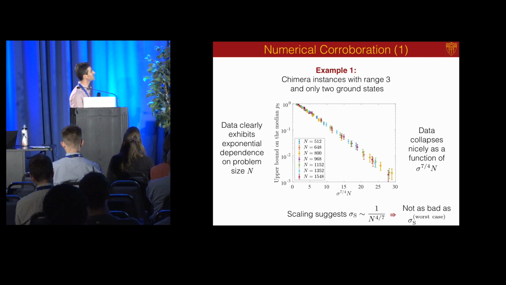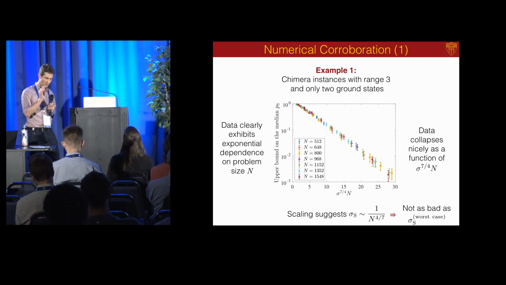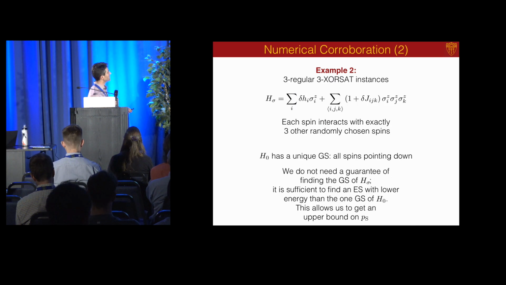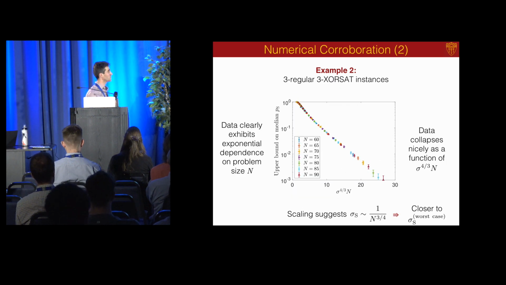So for at least this chimera instance, it goes as essentially 1 over, or very close to 1 over, square root of n. And there are actually results in the spin glass literature that show that for 2D square lattices, it actually goes as 1 over square root of n. But then, of course, this other instance, which is interesting, is much more complicated in some sense than the chimera example, but it shows this other worse scaling.